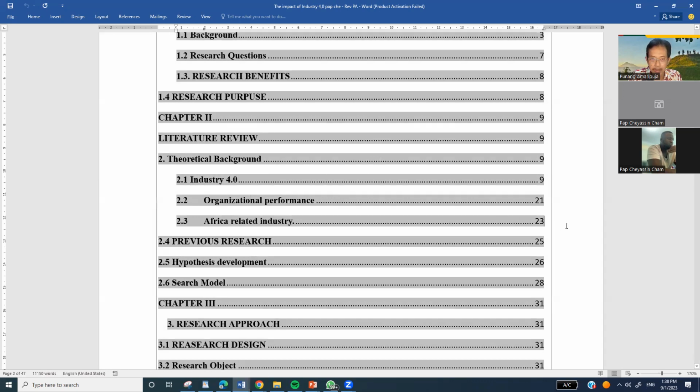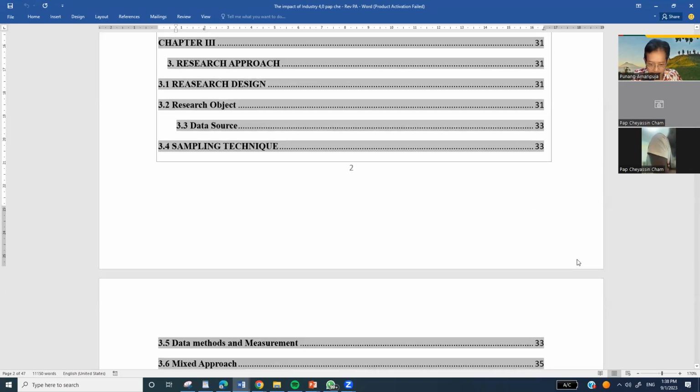Because Industry 4.0 is a common term used in the community and for the masses, but it might not be something that you would directly be able to academically research. How do you define Industry 4.0? How do you measure it, and so on? So that's what I would like to take a look at after this.